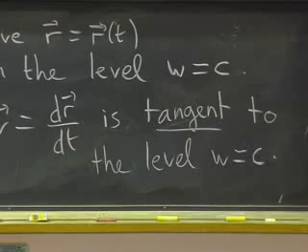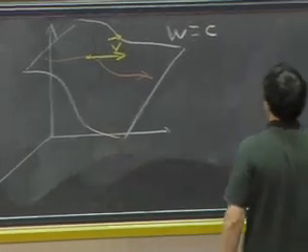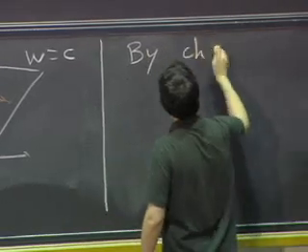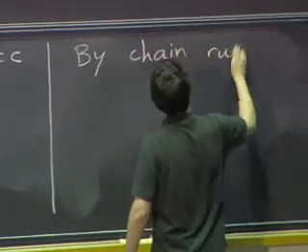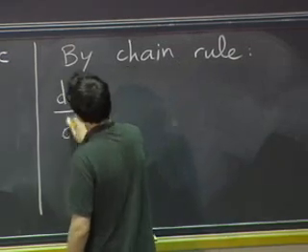Okay? Now, what else can we say? Well, we have the chain rule to tell us how the value of W changes. So by the chain rule, we have dW/dt.